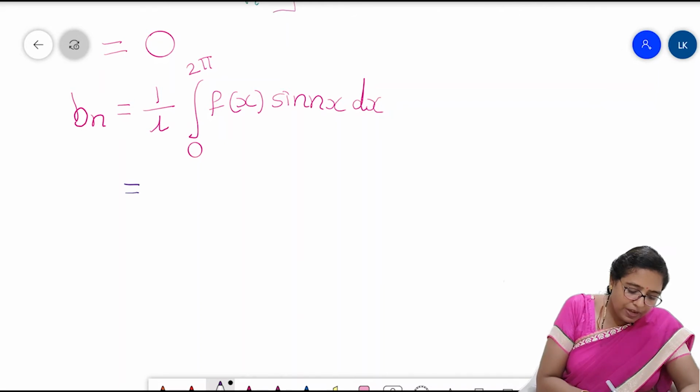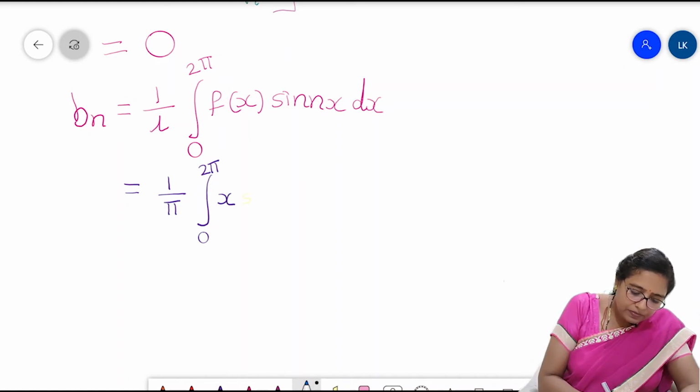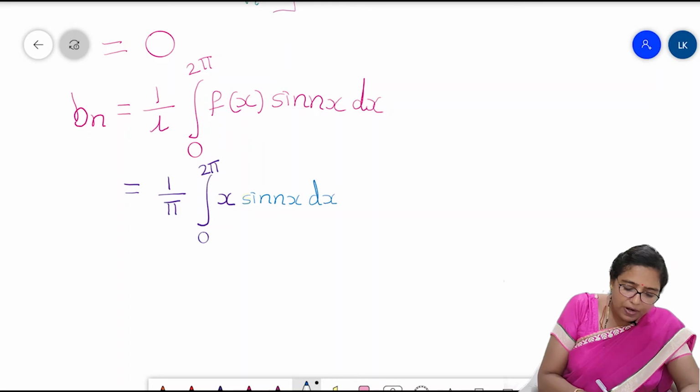Substitute the value of l, which is pi. Our interval is 0 to 2 pi, therefore the limit of the integration is 0 to 2 pi. The value of f(x) is x and sin nx. Again, here we are using integral by parts.